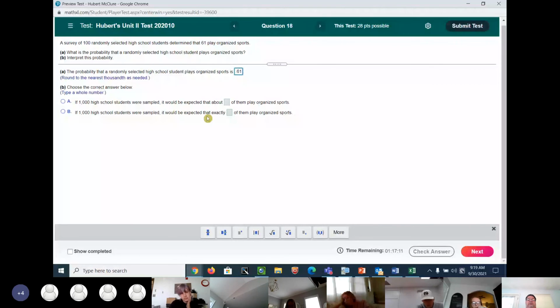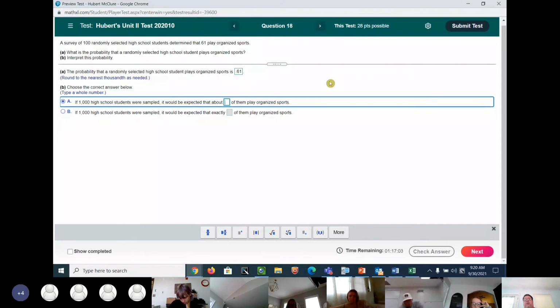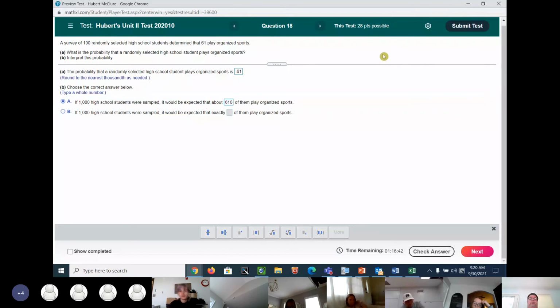Why am I not picking exactly? Why am I picking expected? Why did I not pick exactly? Because that's one of those words like perfect, impossible, exactly. Why do you not want to use the word exactly? Because it ties you down. Is this just a sample? Yes. So that'd be 610.